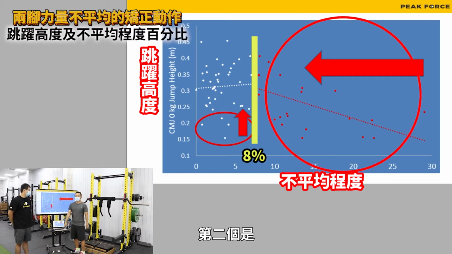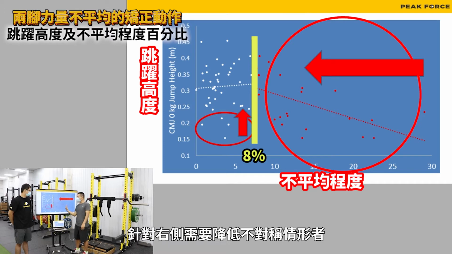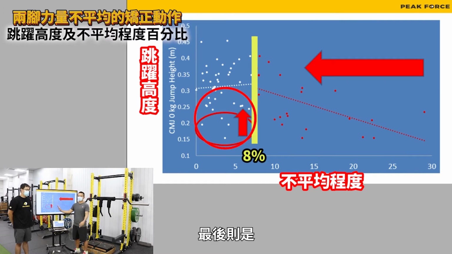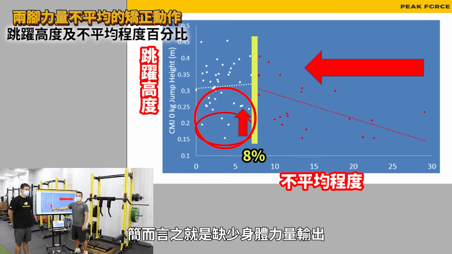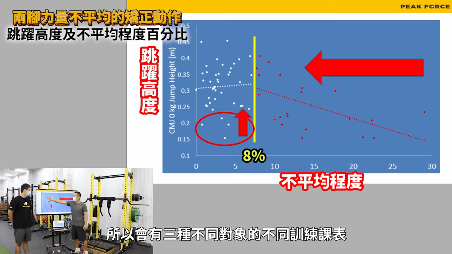The second one I'll create is for those people who needs to have the reduction of asymmetry percentage. And then the last one, the third one is for people here. People who don't have asymmetry but they don't jump high. So simply it's a lack of physical output. So I have 1 group, 2 group, and 3 group for different training system.